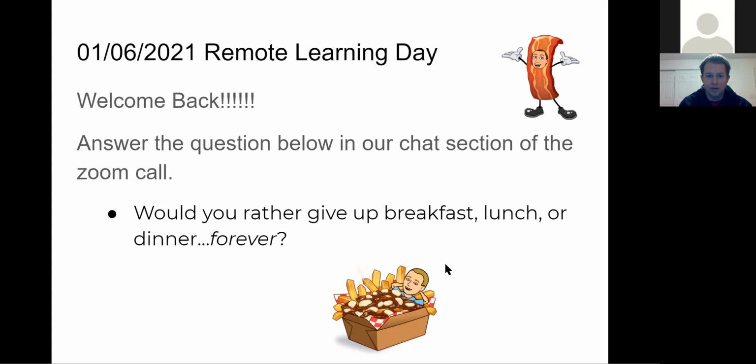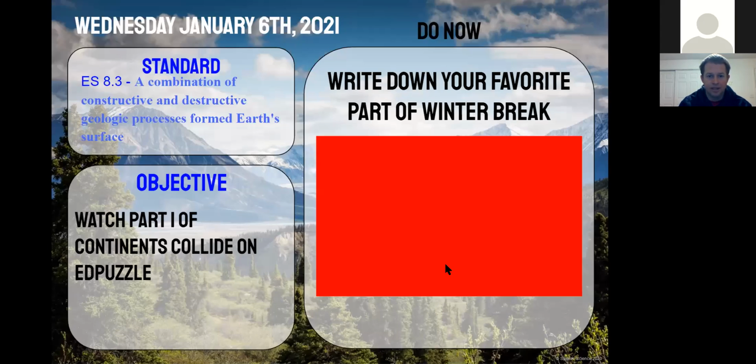Here is our do now for the day and what we're going to be doing. So remember, we have been studying earth science. We've looked at plate tectonics and how they move because of those convection currents in the mantle, and how the plates have been broken into different pieces and they're moving around.